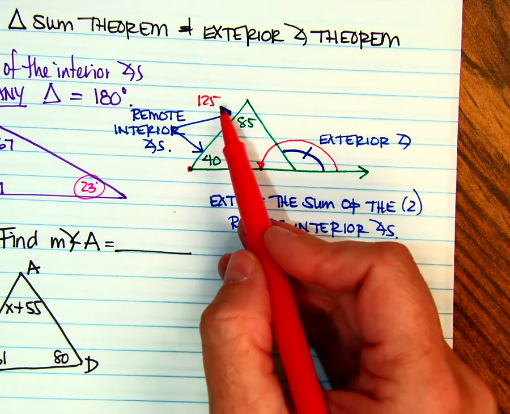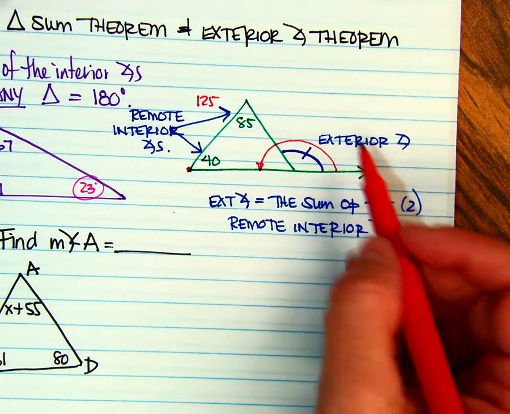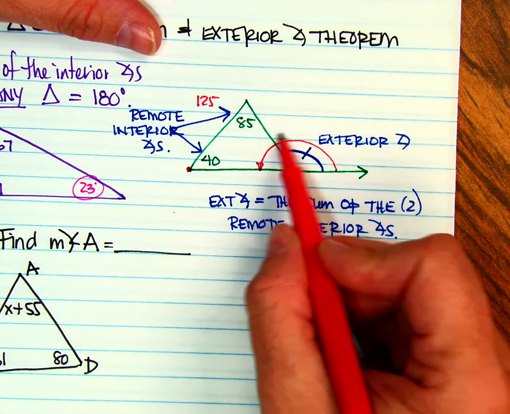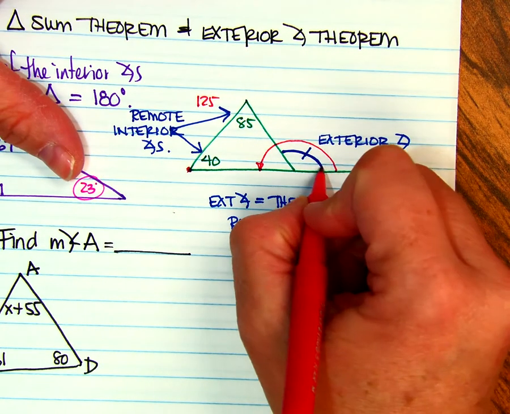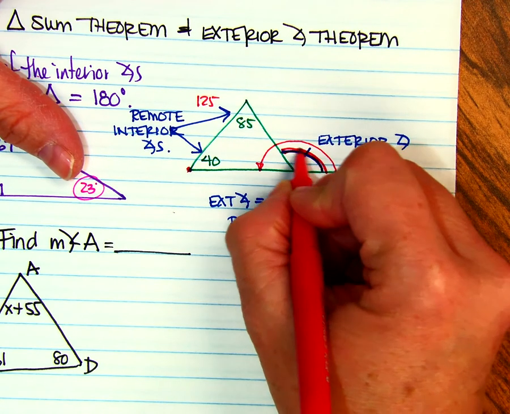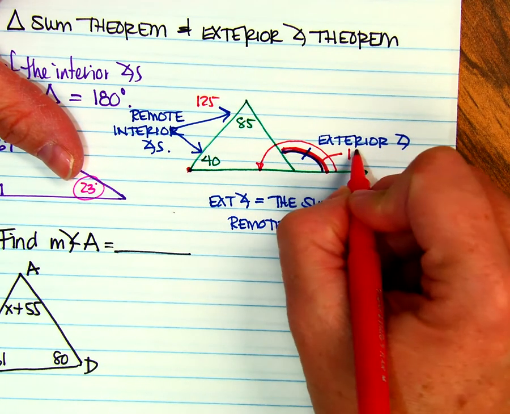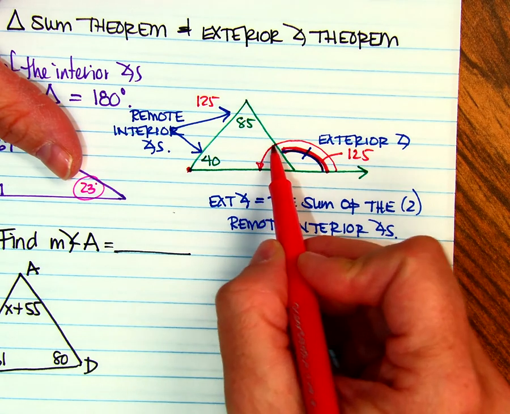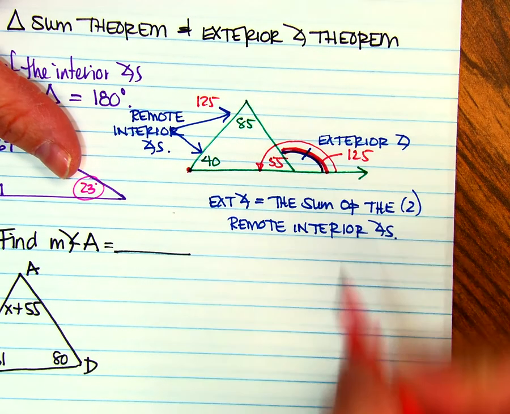Subtract that from 180. Or you can look at it as this exterior angle equals the sum of these. So this angle here has to equal 125. These then are supplementary, so that gives me 55.